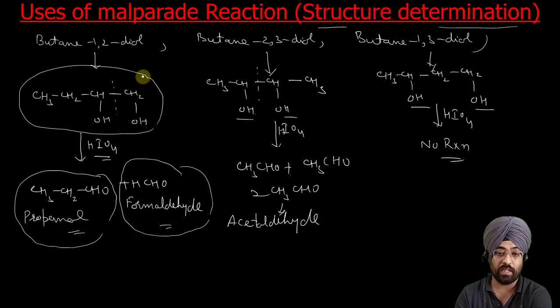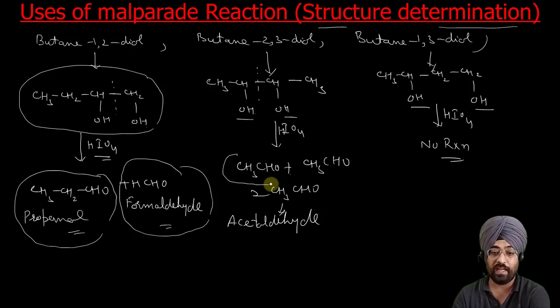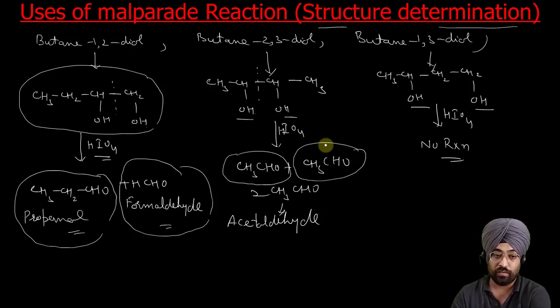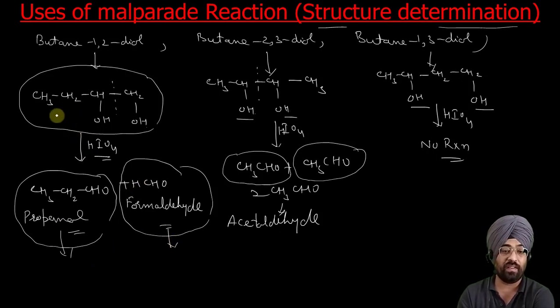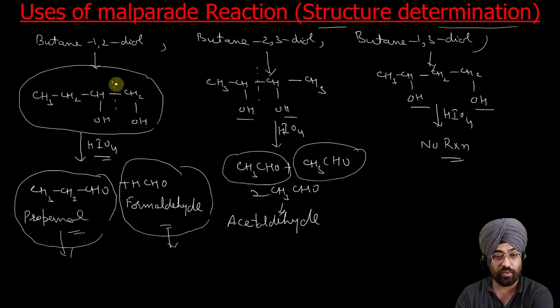So how is this method used? We react any diol with HIO4, and then after the reaction we analyze the product. As in this case, we have propanal and formaldehyde, and these can be obtained only from butane 1,2-diol, because if we do its cleavage we will get these products.